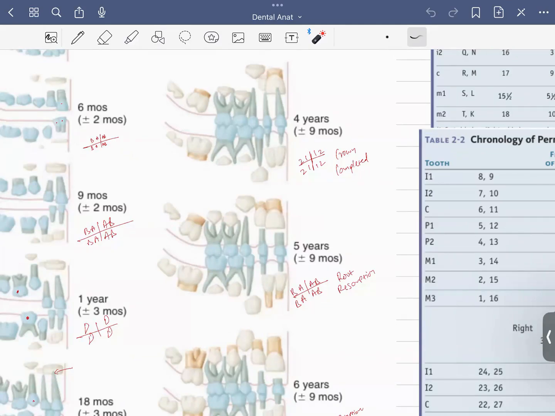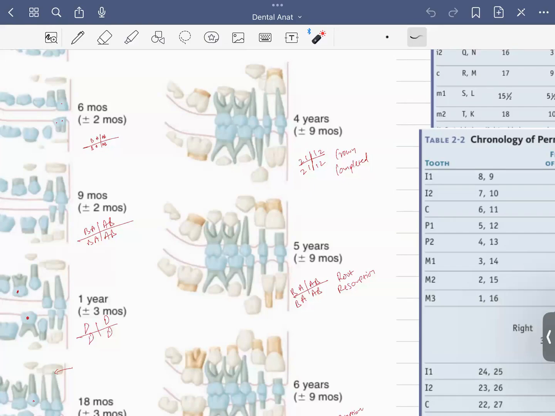But after 4 years, that is around 5 years, you will see beginning of the root resorption for the central and lateral incisors, maxillary and mandibular. So if it is asked at what age does the root resorption for the maxillary and mandibular central incisor start, it is between 4 to 5 years. Depending on what option is given to you, you can choose. 4 to 5 years is when the resorption for the central and lateral incisors is starting.